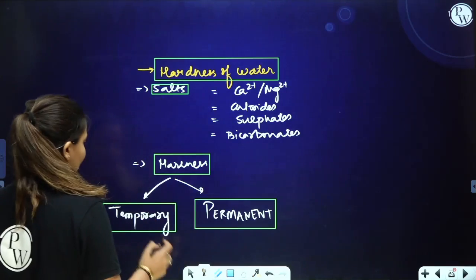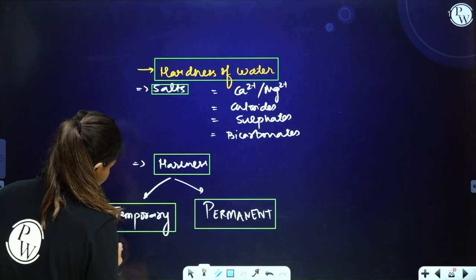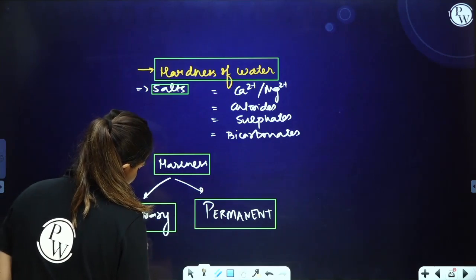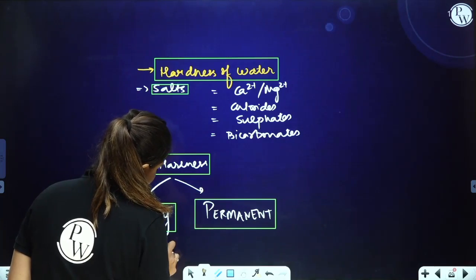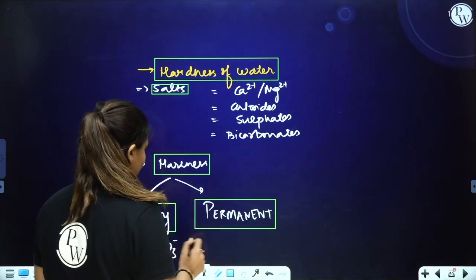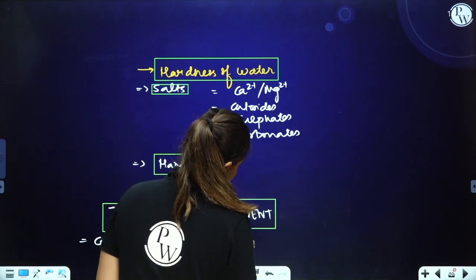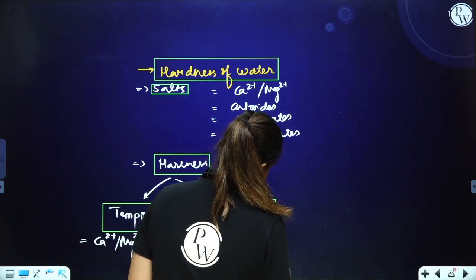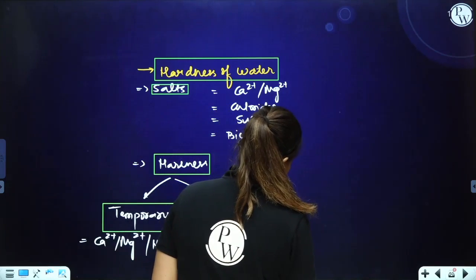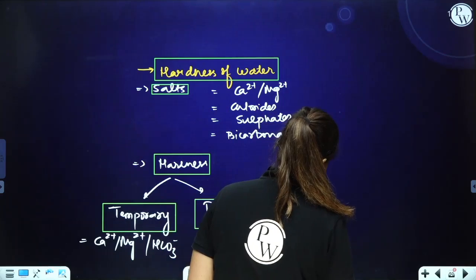Temporary hardness is because of calcium and magnesium bicarbonate. Here we have calcium and magnesium salts of chlorides and sulfates for the permanent one.